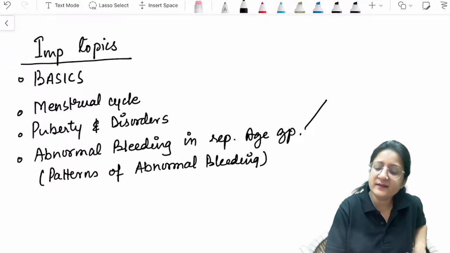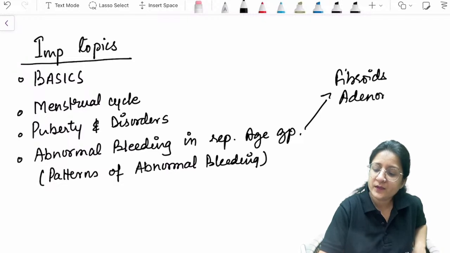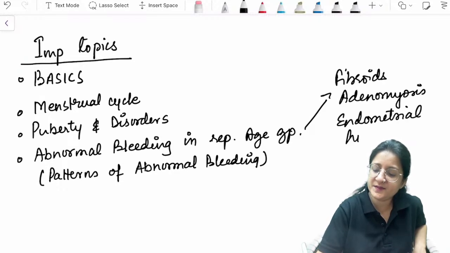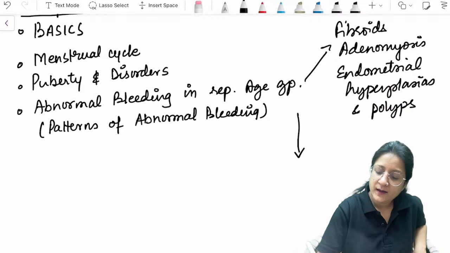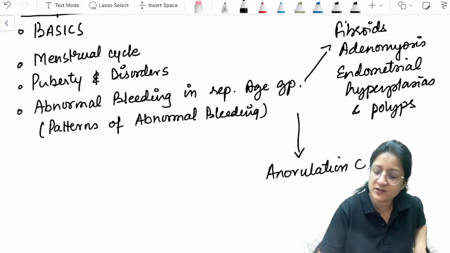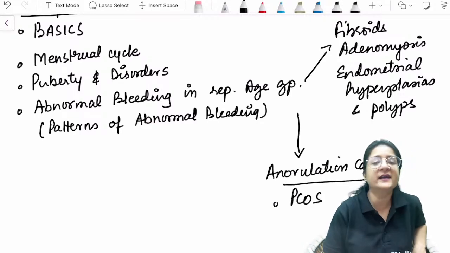Then in this broad heading, you will cover fibroids, adenomyosis, endometrial hyperplasias and polyps. Okay, in this broadly you are going to cover also anovulation causes. You're going to cover PCOS. This is what you need to read up in detail.